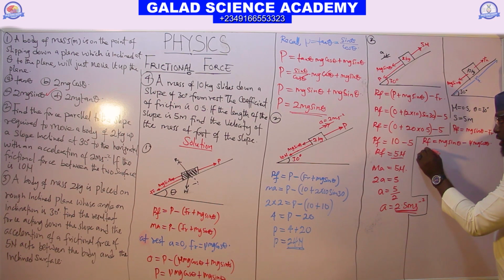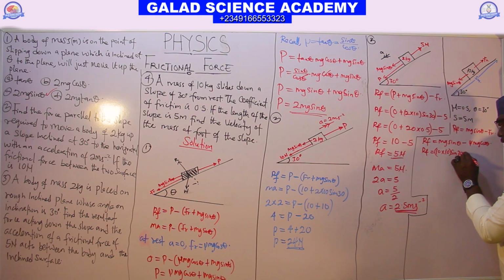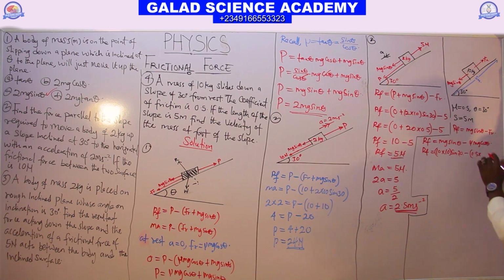So the resultant force now: mass is 10, multiplied by g, 10, times sin 30, minus mu, which is 0.5, multiplied by 10 multiplied by another 10 times cos 30.